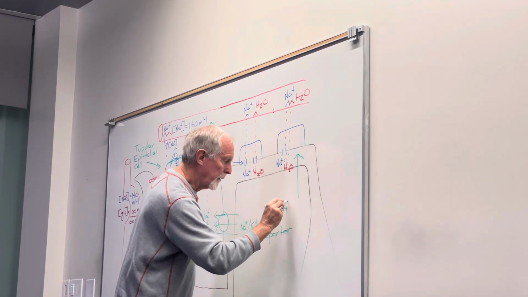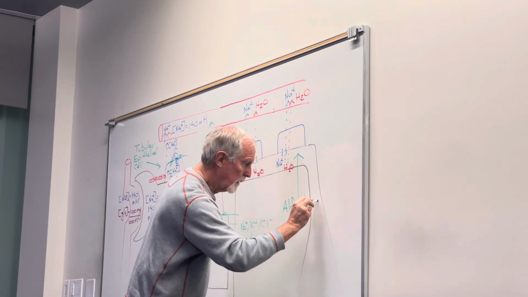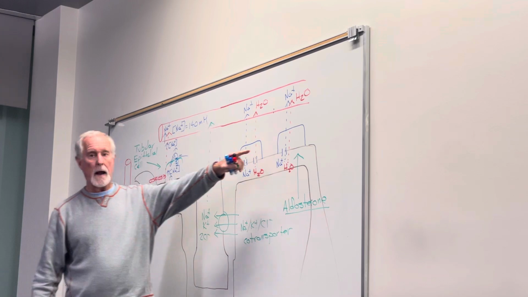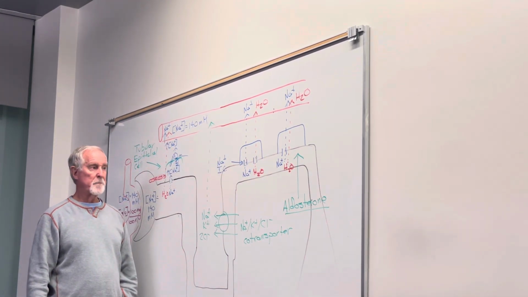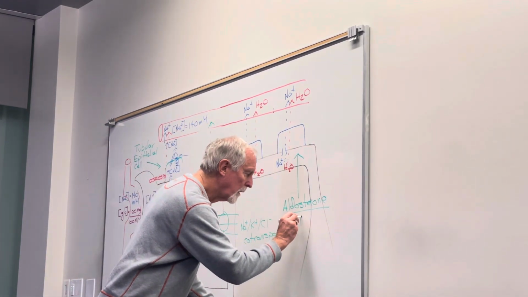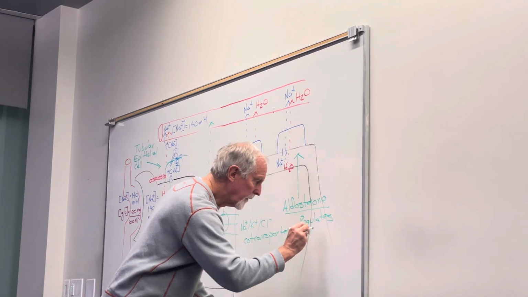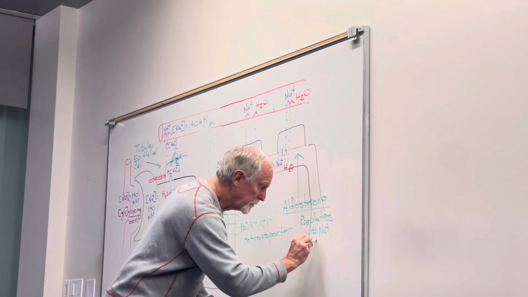So aldosterone is this hormone that acts on these tubular epithelial cells in the distal tubule, and this regulates the number of sodium ion channels.